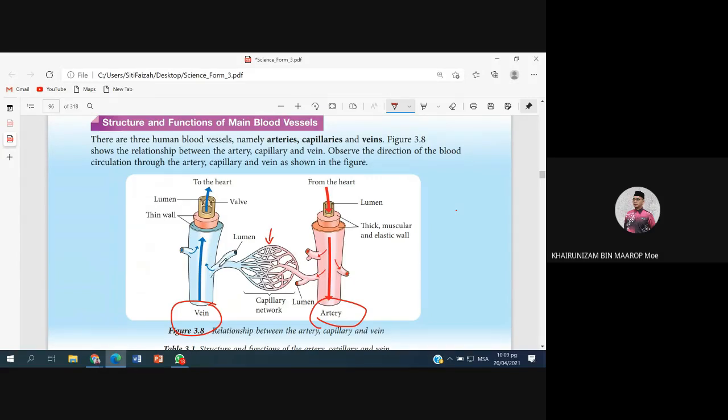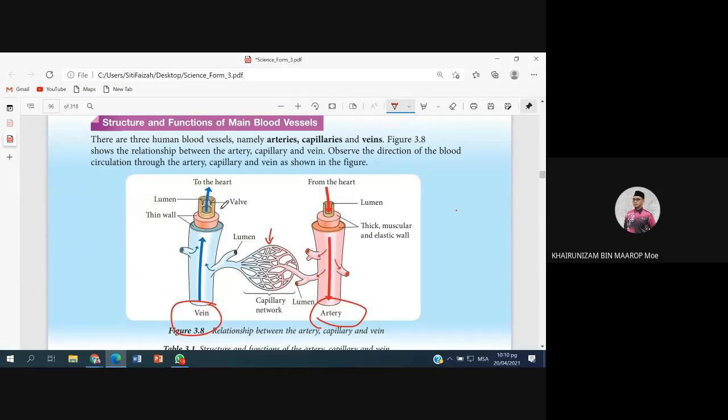And if you look at the blue arrow, from the capillary the blood enters the vein and goes to the heart through the bigger lumen, and there is a valve there, while the vein has a thin wall.